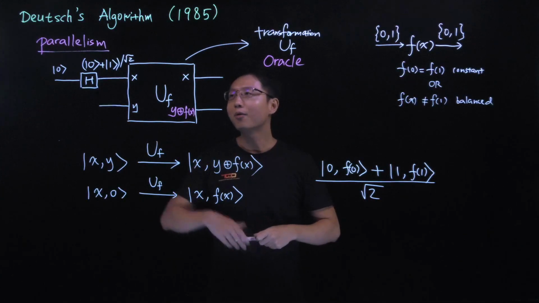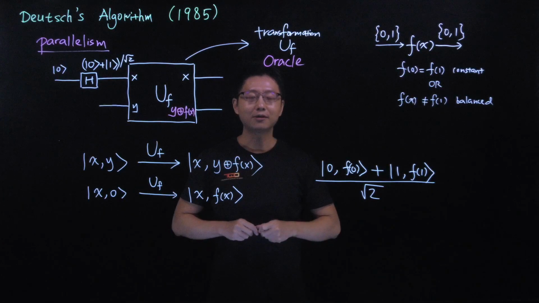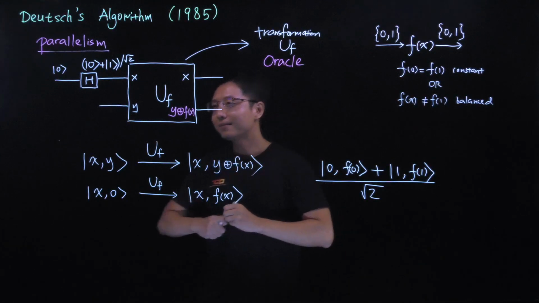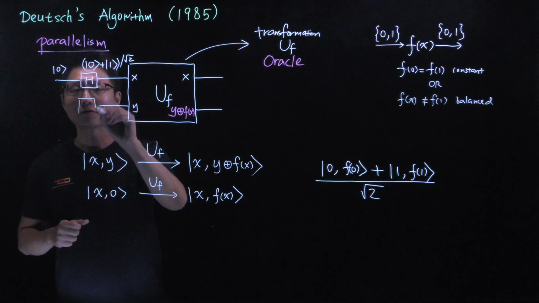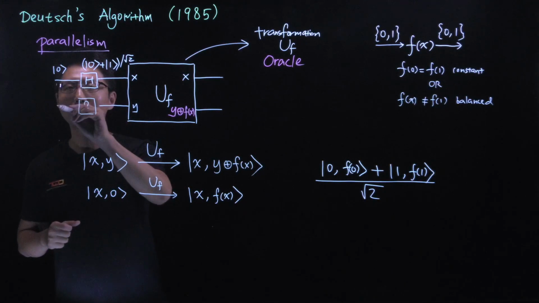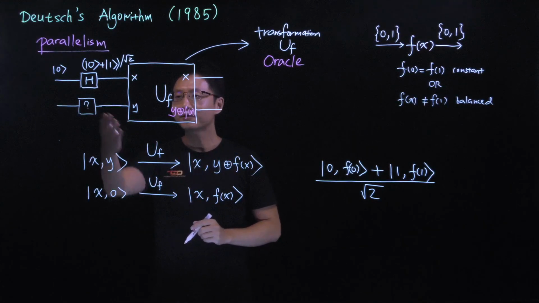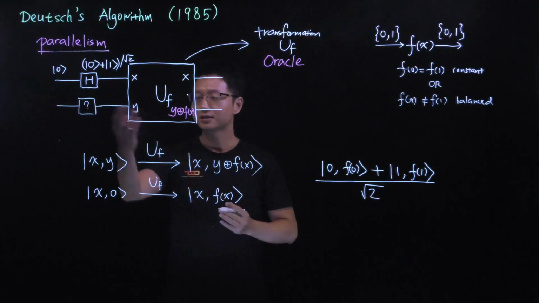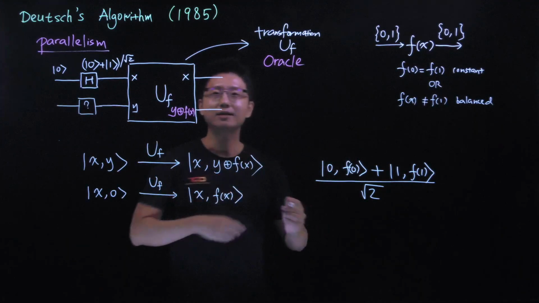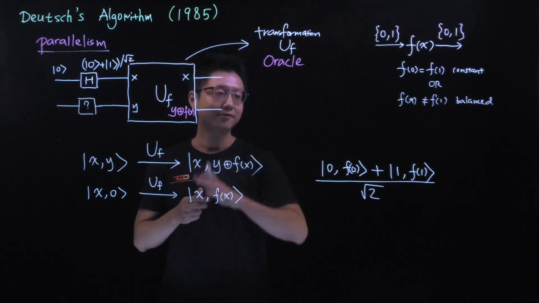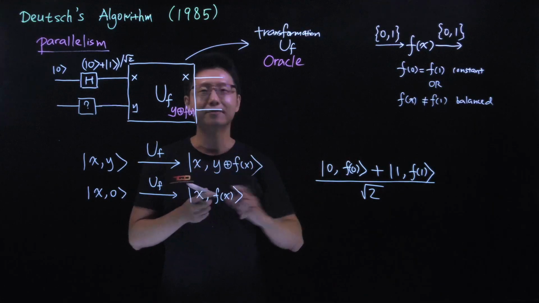We need something more than just parallelism alone. For example, there might be something that we have to do over here before we send in the state for the qubit y. We have to design the state preparation more smartly, or for the measurement, maybe we cannot do a projective measurement in the computational basis here to reveal the information.